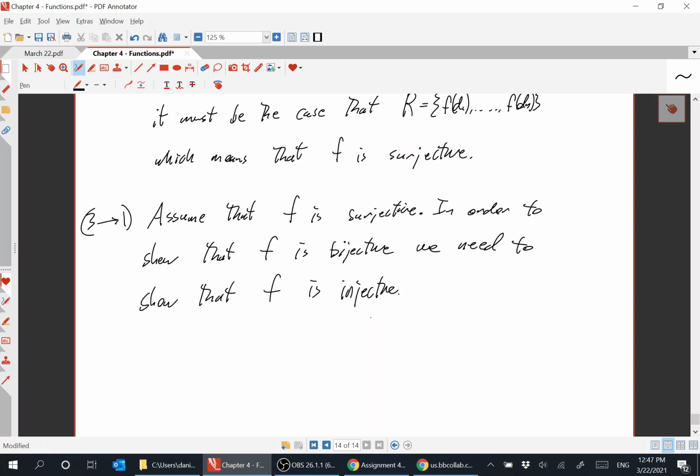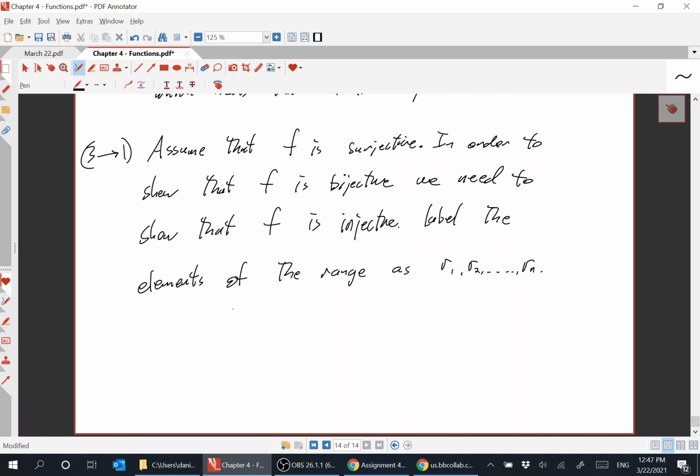Well, because F is surjective, let's label the elements of the range as R1, R2, all the way up to Rn.